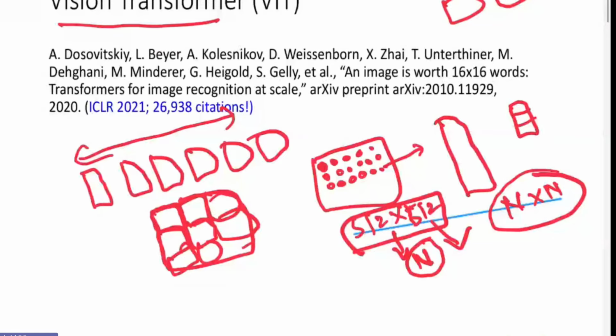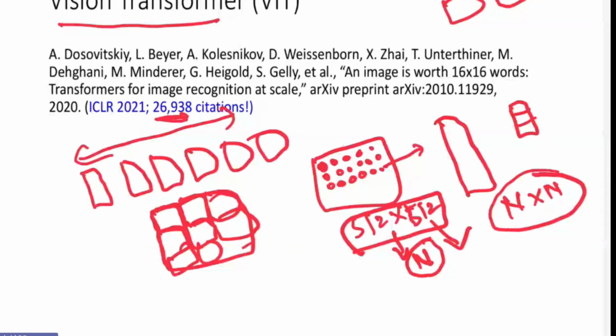This was the initial paper, which came out in 2020 on arXiv, and then was published at ICLR 2021. And you can see that even though this is not the latest citation count, it's still around 26,000. Nowadays it would be maybe 30,000 to 40,000 citations, even more than that.